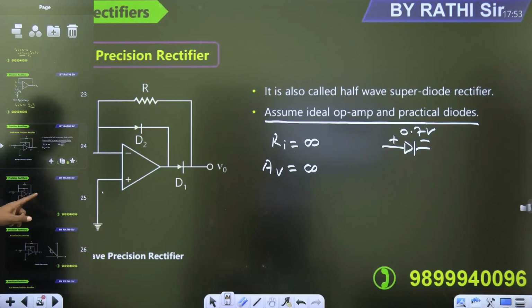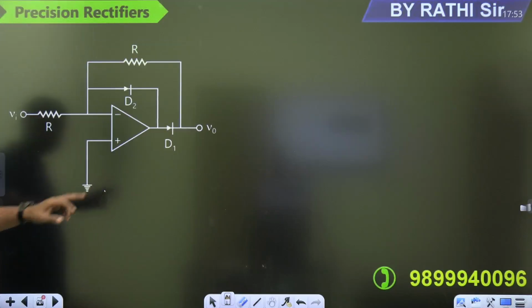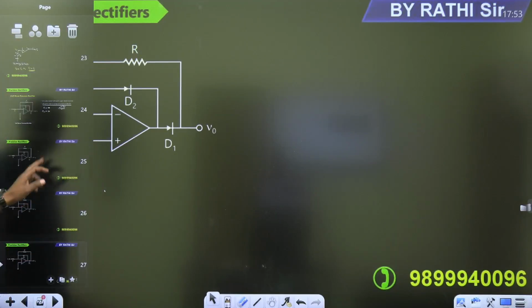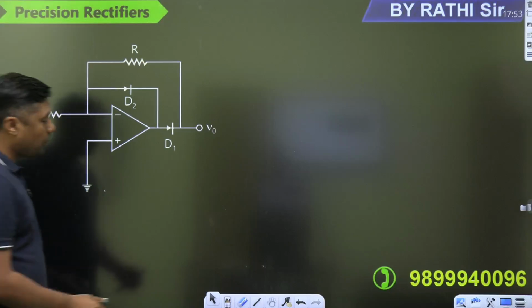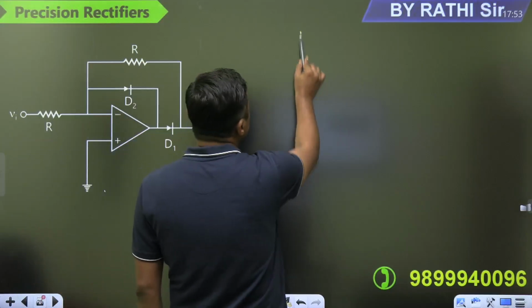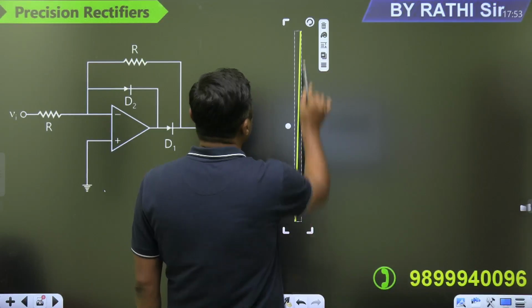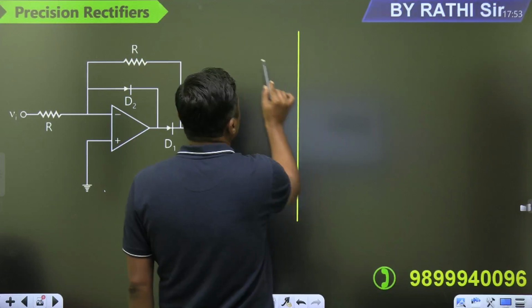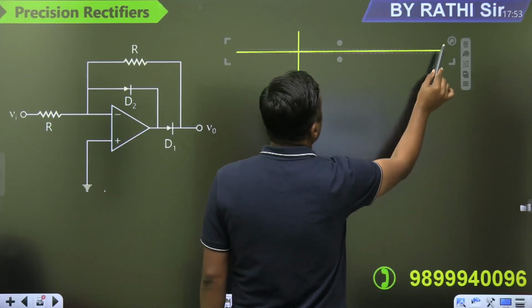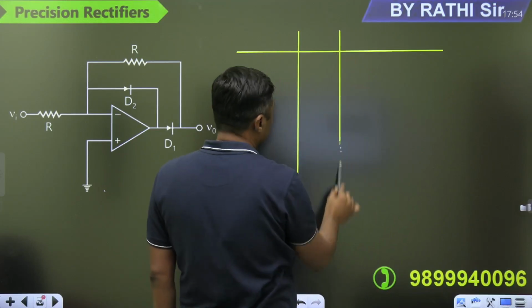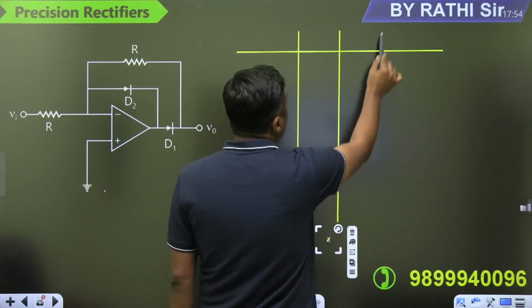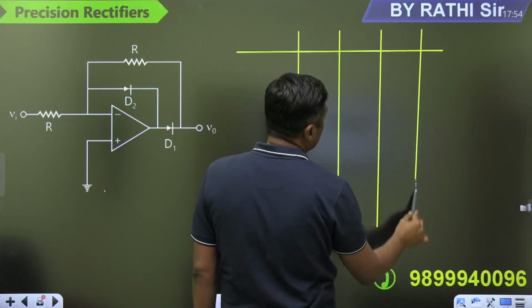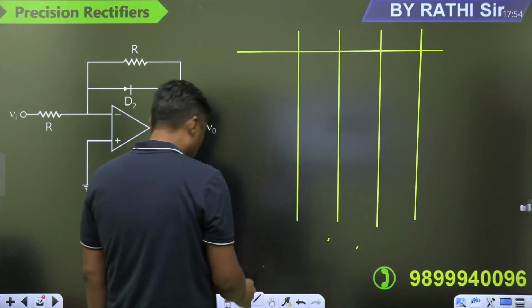For this particular circuit, first of all make a proper table here. What is the input?